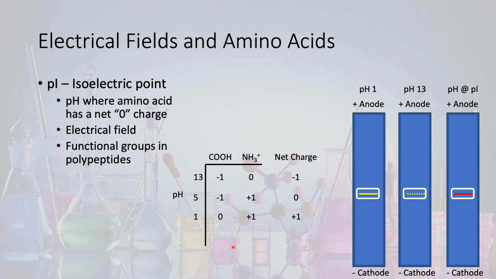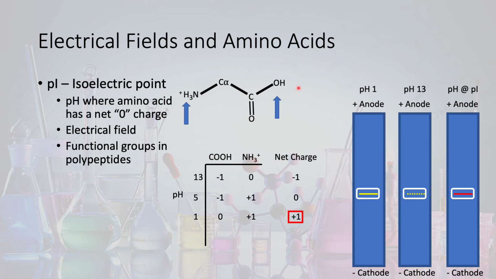So for reference, I've placed our table here that we just walked through when we did our titration of our amino acid glycine. Now we're going to use this to figure out which direction our amino acid would travel at a given pH in an electrical field. So remember, our ionizable functional groups here are the quaternary amine and our carboxylic acid.